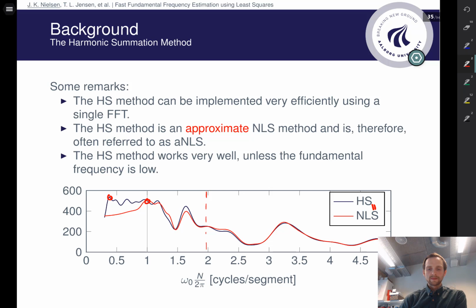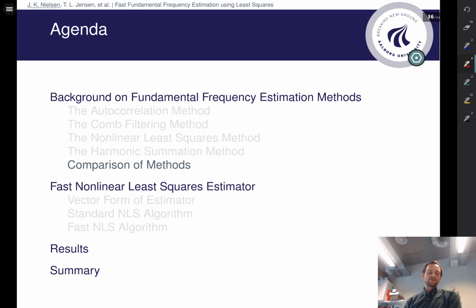Okay, so I haven't covered all fundamental frequency estimation methods because there exist hundreds out there, but many of them are variations of the methods I presented here.